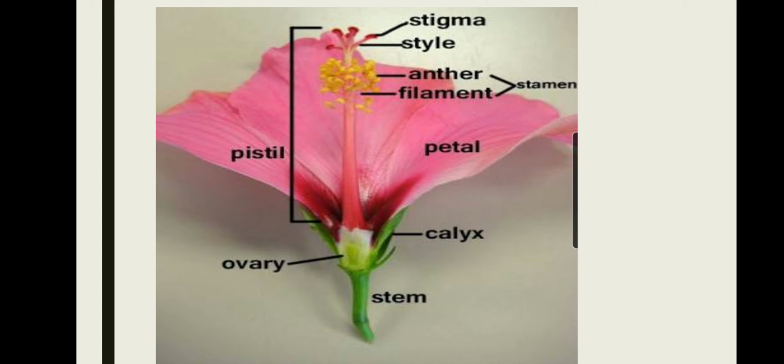Most angiospermic flowers produce seeds, so the basic definition of angiosperms is that they are seed producing organisms. Some floral parts like calyx and various modifications in ovaries help in the disposal of fruits and seeds.